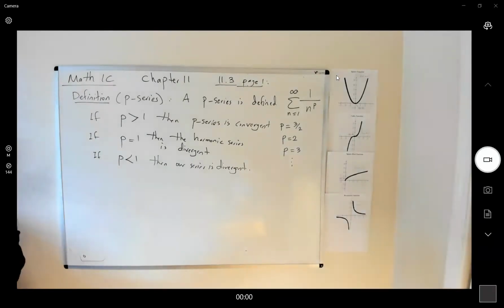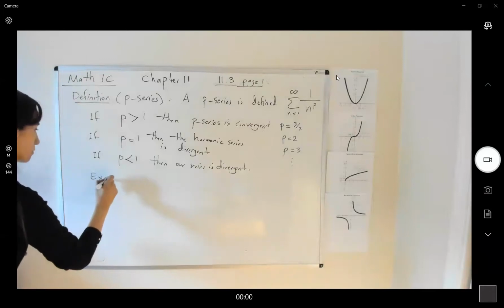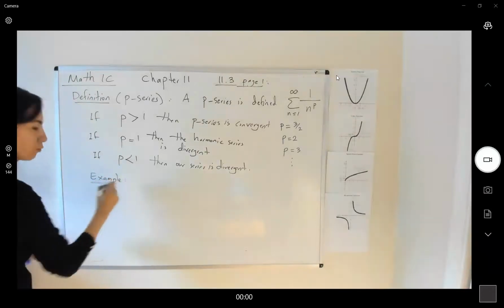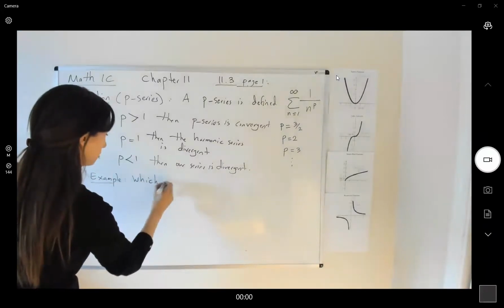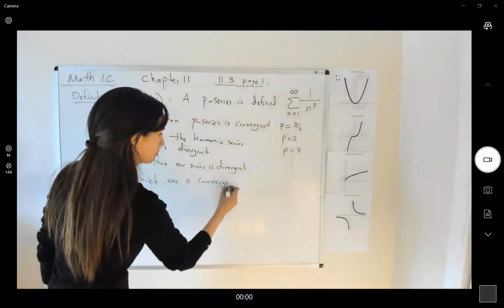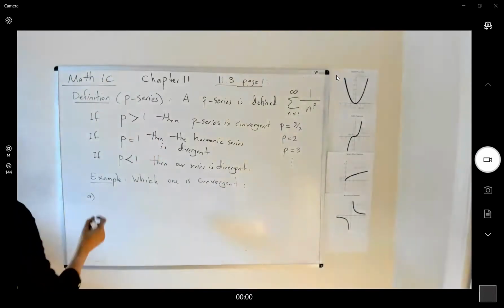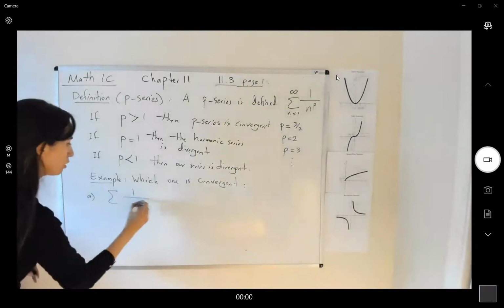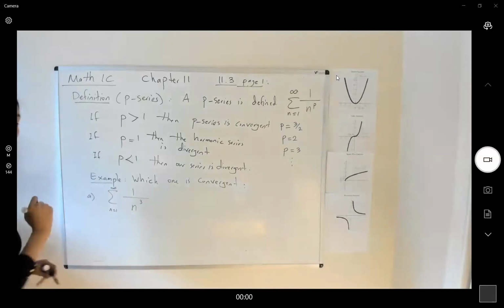Okay, let's go over some examples together, see what's going on. Example. Which one is convergent? The first one is the series 1 over n to the third, from 1 to infinity.